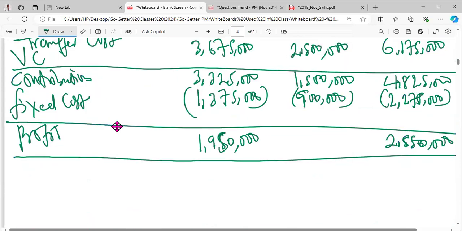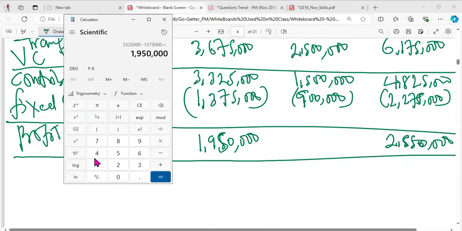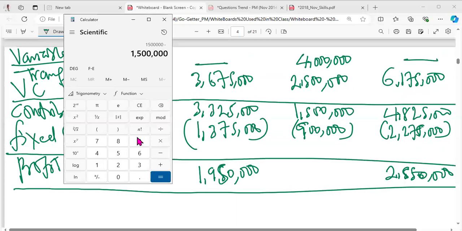We have 1,500,000 minus 900, that will give us 600,000. See the drastic losses.